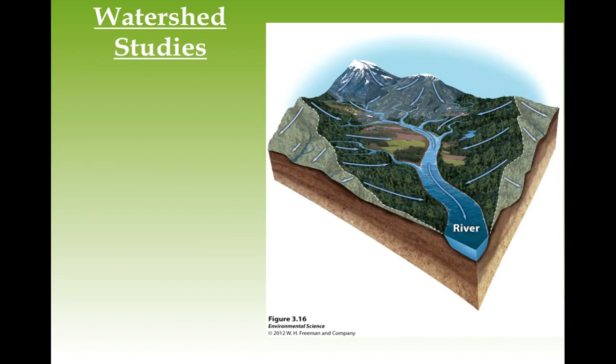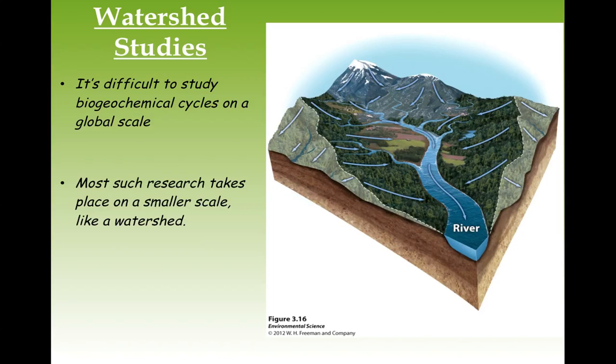So in order to understand the cycling of different cycles, whether it's the nitrogen cycle or the phosphorus cycle, scientists often undertake what are called watershed studies. And again, because it's difficult to study at a global scale, it's easier to do this at a smaller scale.